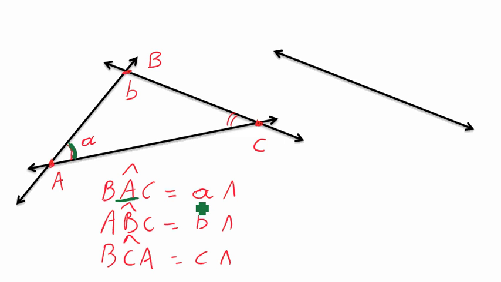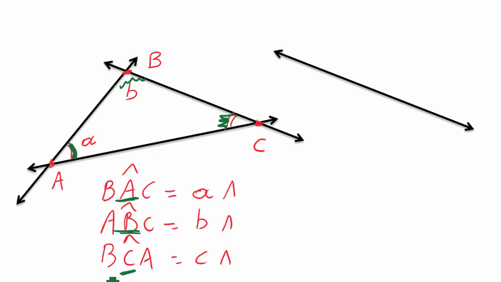The same way, I can call it ABC or CBA, and I'm referring to this little angle here, my B angle. And last but not least, I call it BCA or ACB, and I'm referring to my C angle.